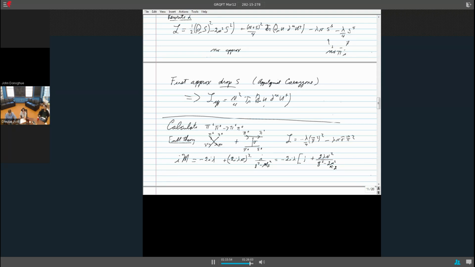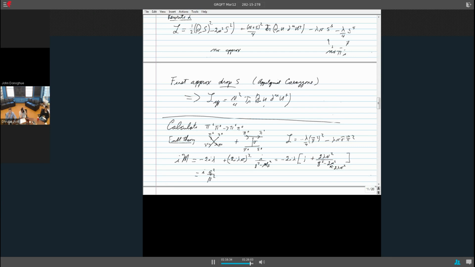So the Lagrangian that I'm working from here is lambda over 4 pi squared, and then this piece was lambda v sigma twiddle pi squared. Those are the terms that make this happen. I have i times the matrix element. The first piece gives me minus 2i lambda.